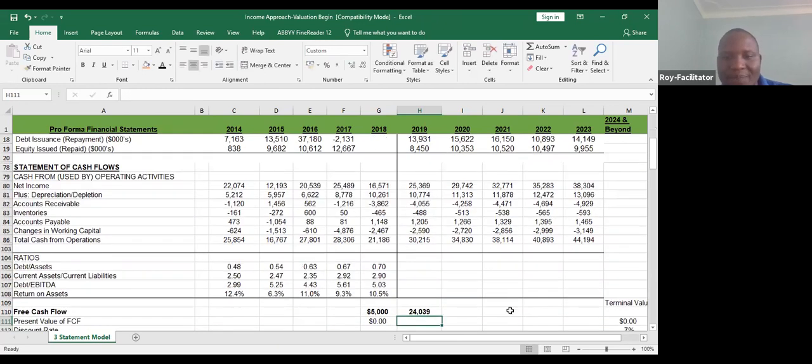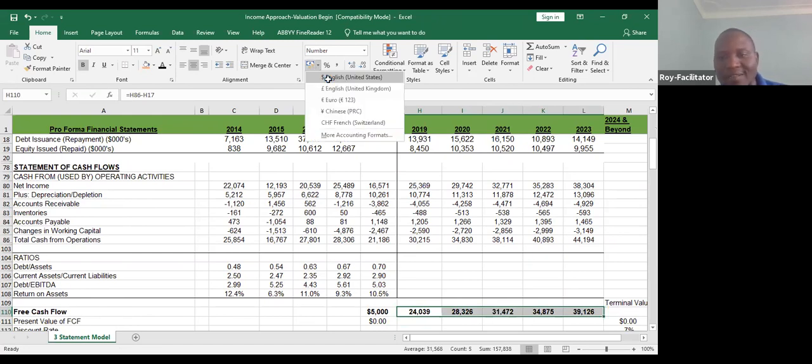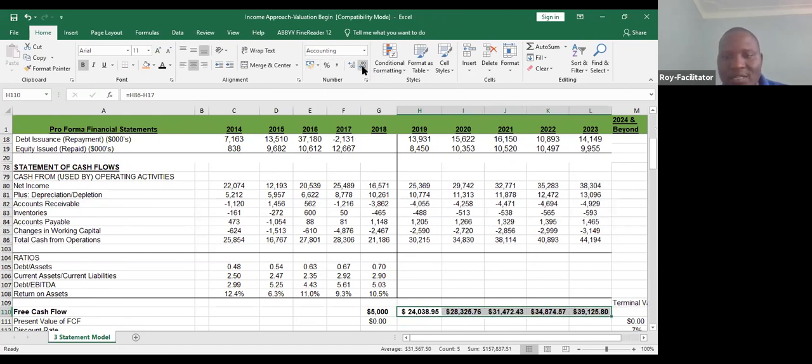So I will pick that, which means my free cash flow will be 24K. I will extend this. I can make this in USD, just get the USD sign, and reduce this. So I have got the free cash flows. Basically, it's the cash available after I have spent on the capital assets.